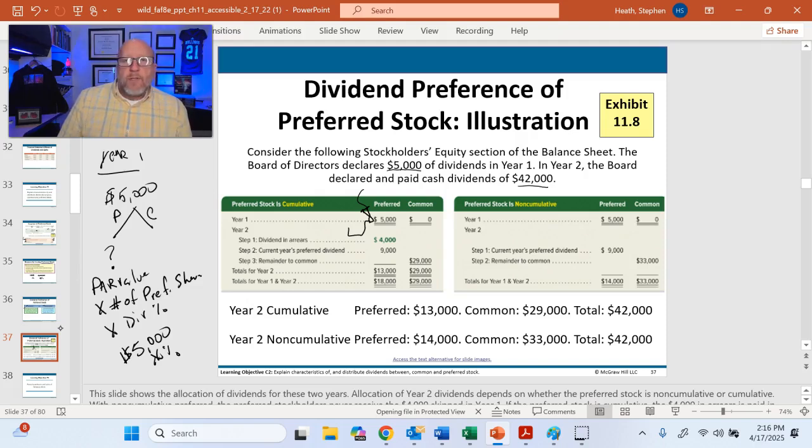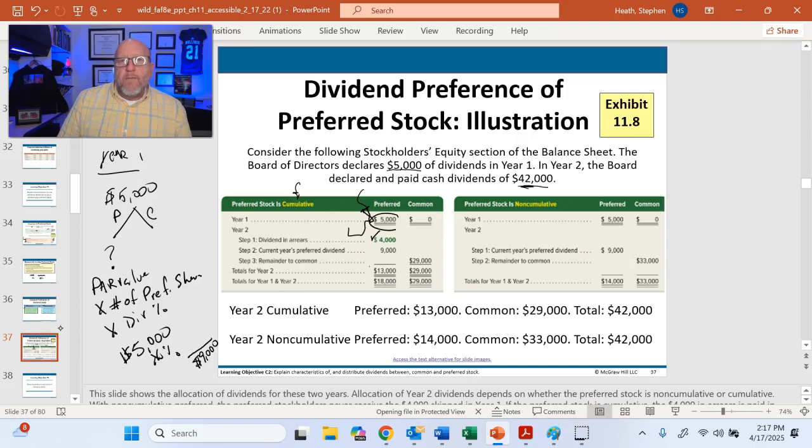And then in year two, if there is a $42,000 dividend payment made in year two, and we are dealing with cumulative, then you have to make a makeup payment, right? Your makeup payment is 4,000. So it seems as though what we're saying is the total dividend that is required to be paid to the preferred shareholders is 9,000.